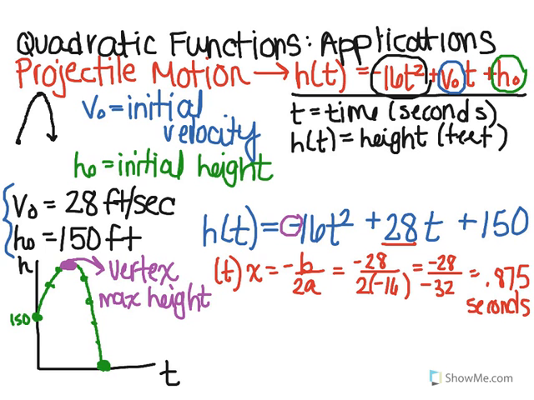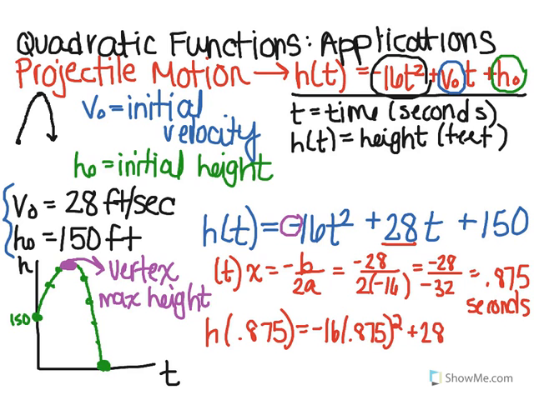Then if we wanted to figure out what maximum height is actually reached, we just have to plug that into our function. So we end up with h of 0.875, and we plug it in. I get negative 16 times 0.875 squared plus 28 times 0.875 plus 150.